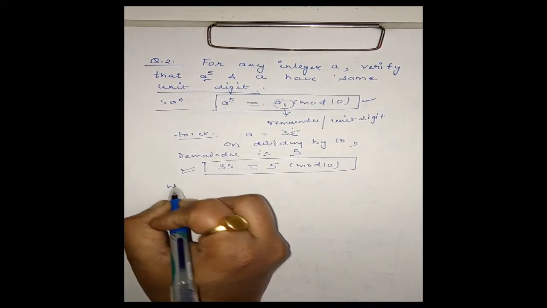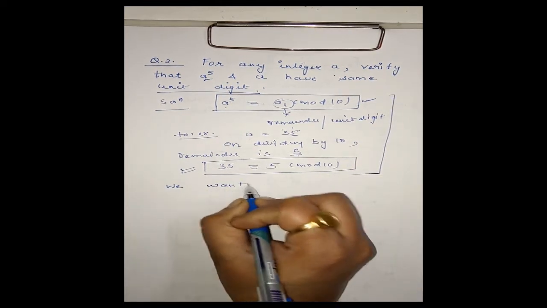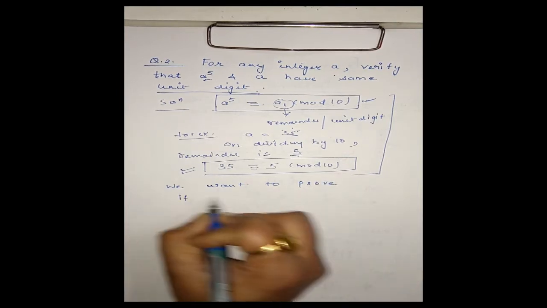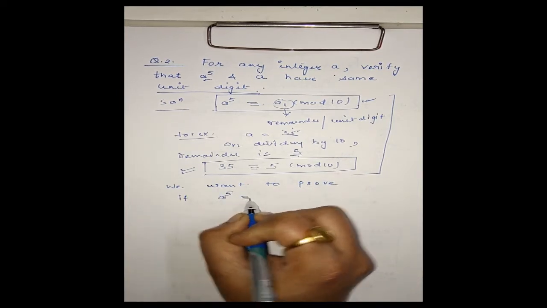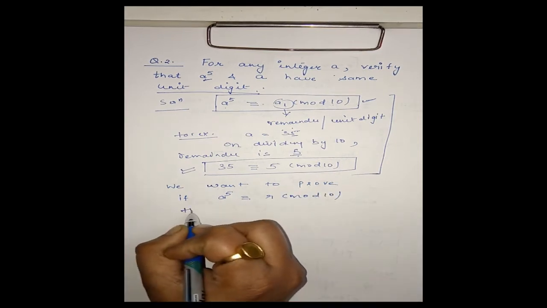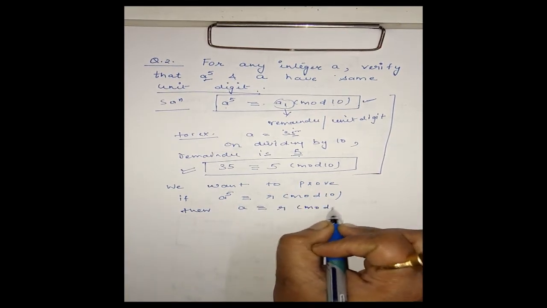Means we want to prove, if a power 5 gives remainder r on dividing by 10, then a should also give remainder r on dividing by 10.